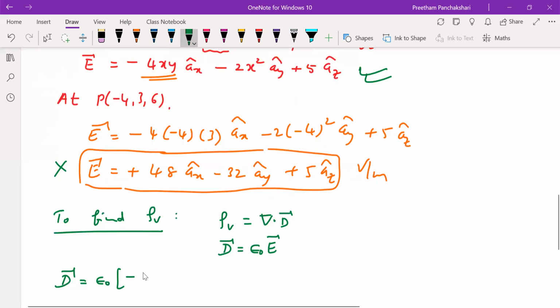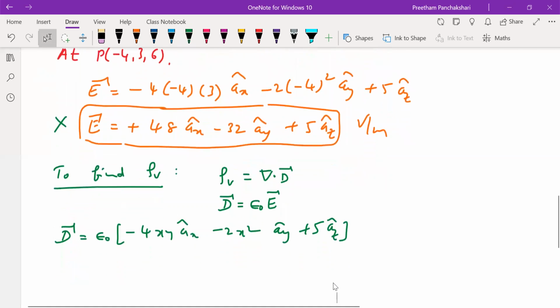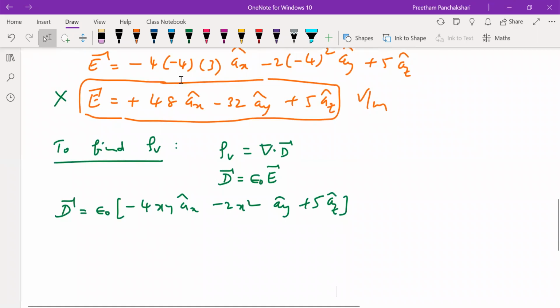That is minus 4xy ax cap minus 2x square ay cap plus 5 az cap. In this case, we have to multiply by epsilon naught throughout. Let it be there. Coulomb per meter square.